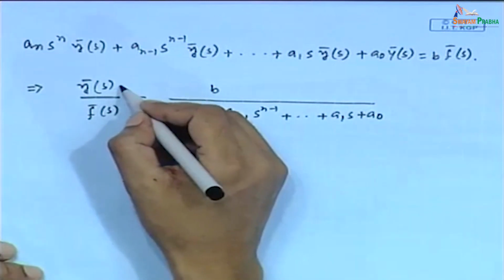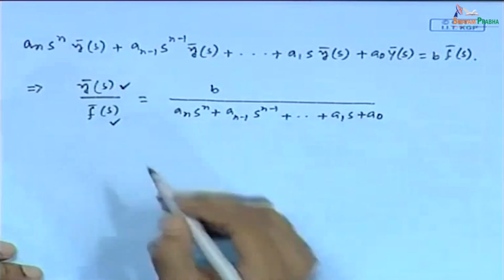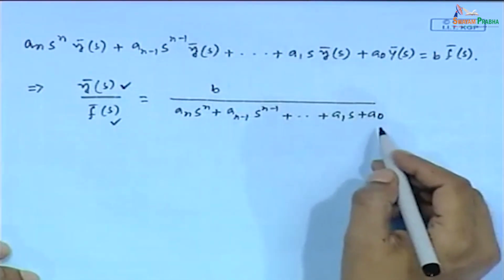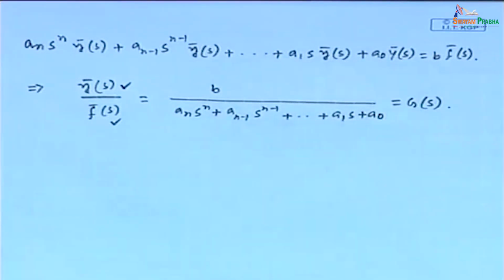This is the output in S domain, this is the input in S domain. This right hand side is basically the transfer function, which is represented by G(s).